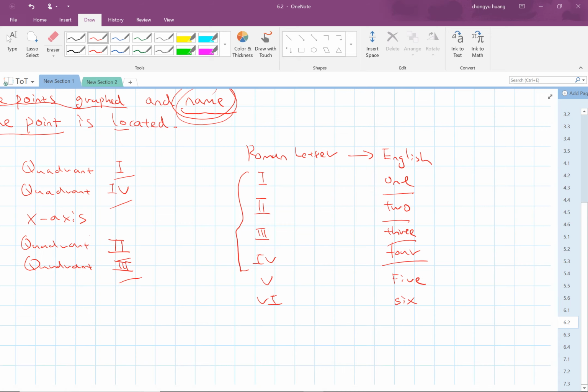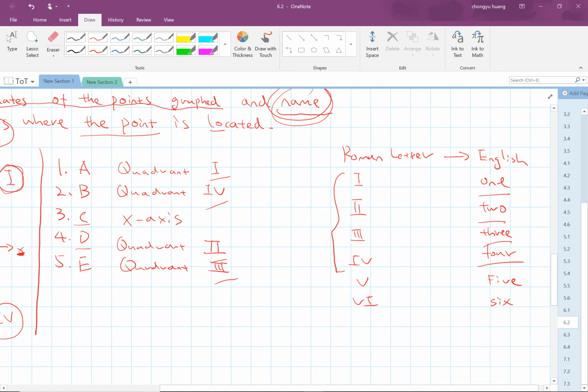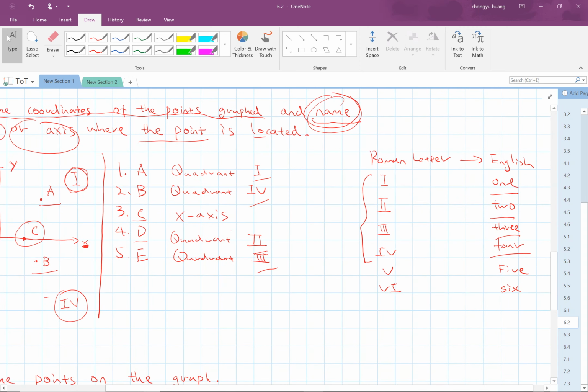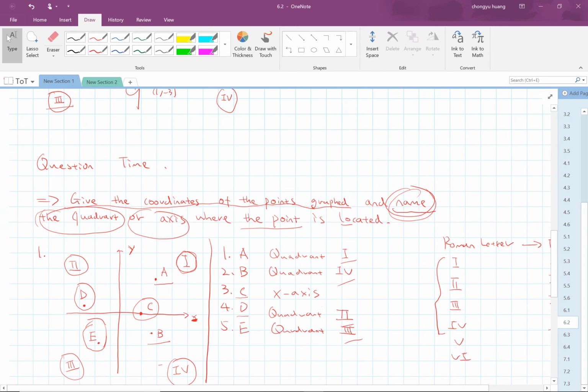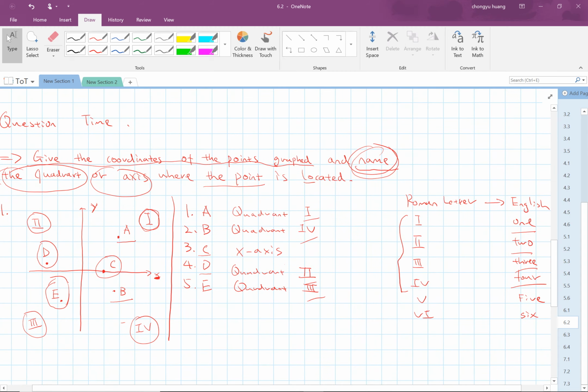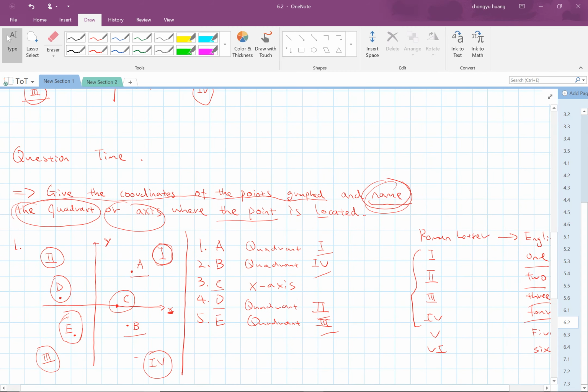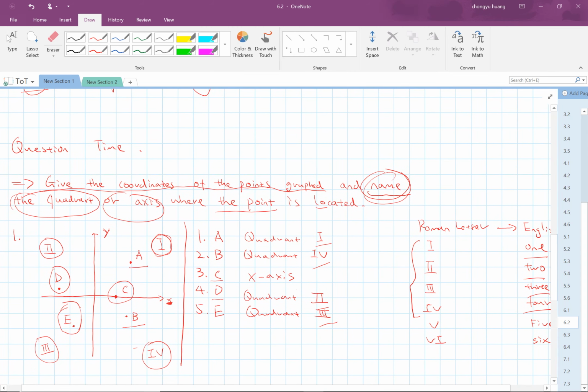If you want to know more about Roman numerals, try to Google it. I think now everyone should fully understand the first question.